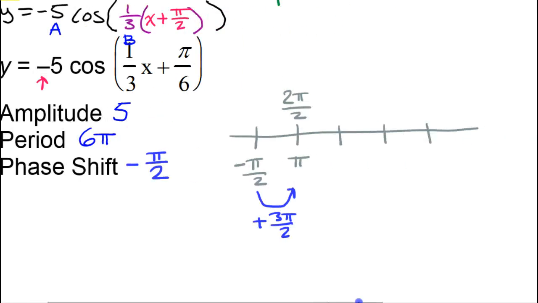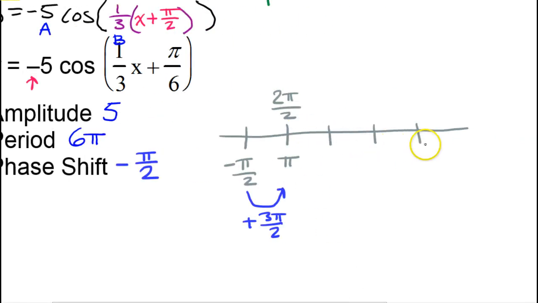But for the purposes of counting up these spaces, I'm going to still think of it as 2 pi over 2 for another moment. So if I have 2 pi over 2 and I add another 3 pi over 2, that should give me 5 pi over 2. Now if I have 5 pi over 2 and I add another 3 pi over 2, that's going to give me 8 pi over 2.